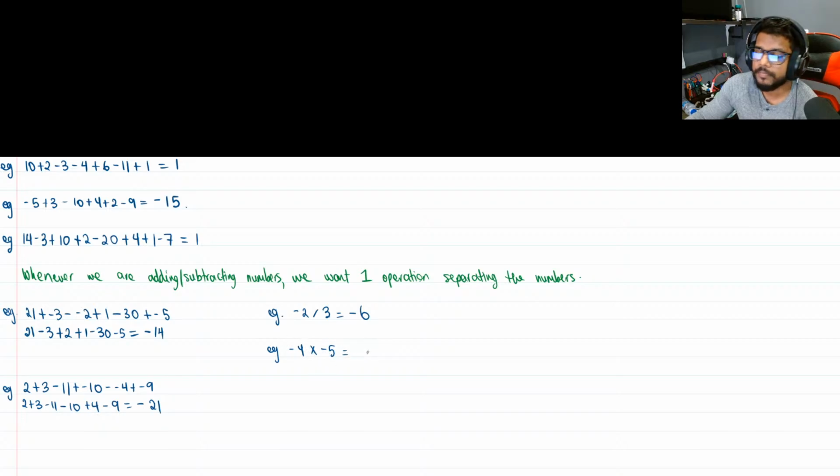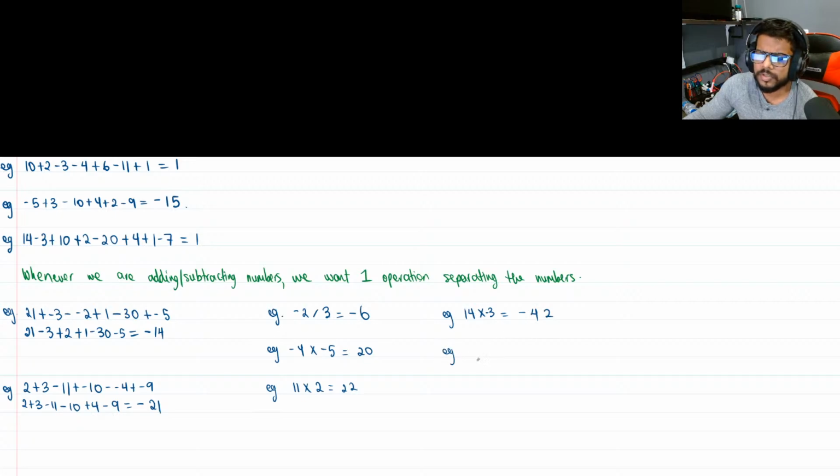The signs are the same, so it will be positive 20. 11 by 2. The signs are the same, so it is positive 22. Next one. Minus 14 by 3. The signs are different, so I'll get a negative answer. 4 threes are 12, 1 three is 3, so minus 42.